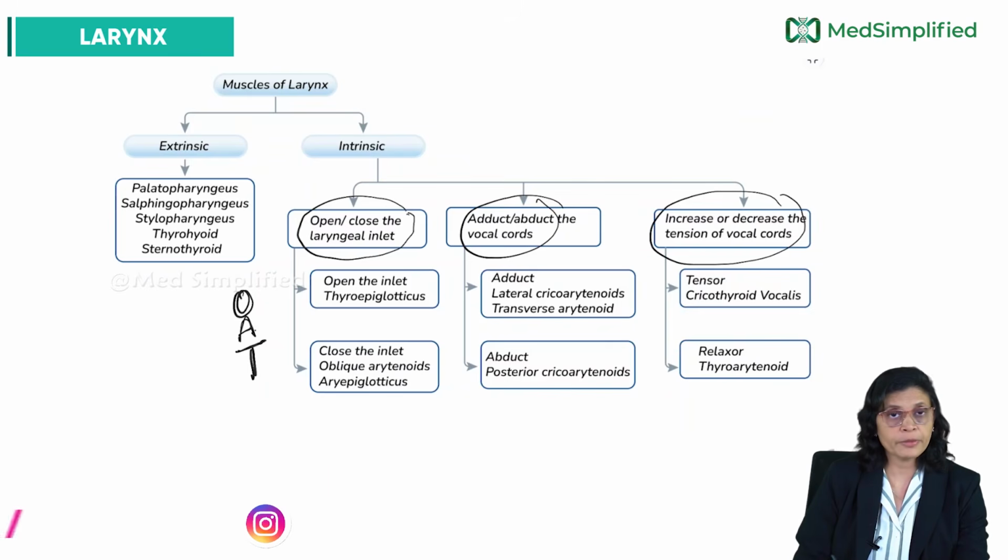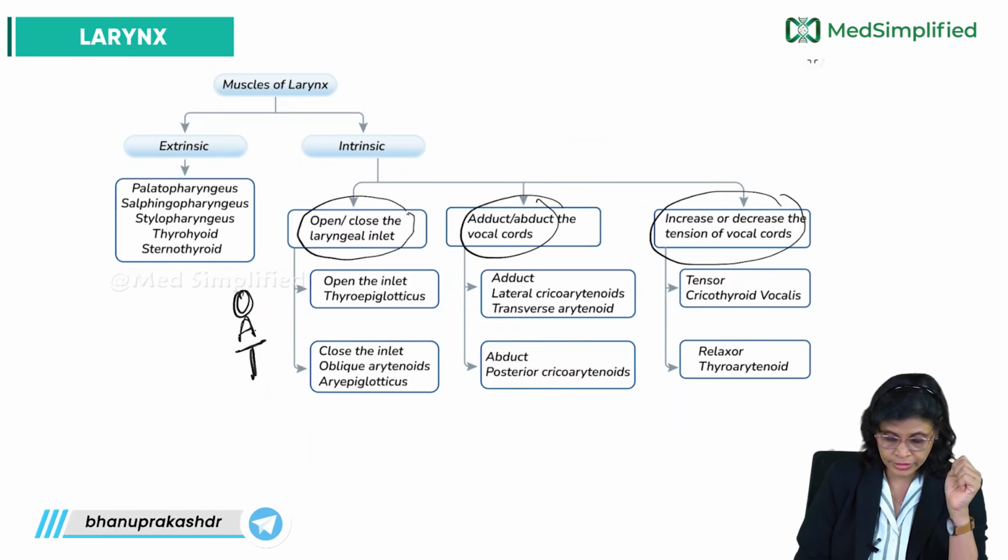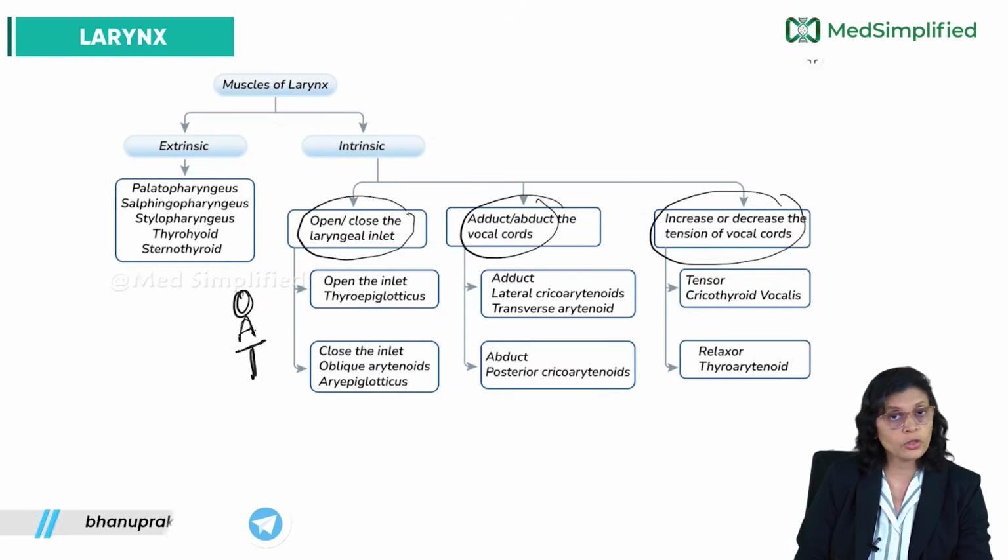Whereas the thyroepiglottic muscle, that is from the thyroid to the epiglottis, when it contracts, it will open the inlet. So it is the one which will open. So, this is about the muscles which open or close.